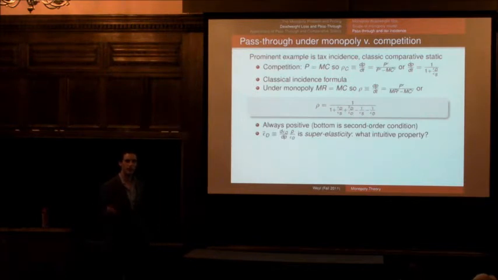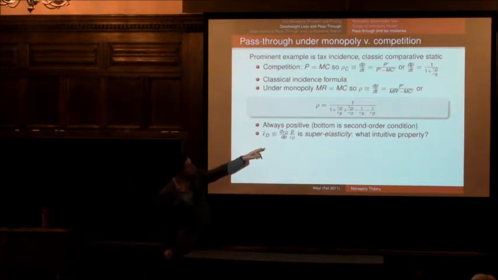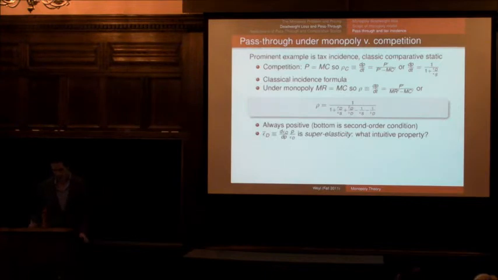By what percent does the elasticity change when the price changes by 1%? Now, this bottom part of this expression always has to be strictly positive if the second order conditions are satisfied. In fact, that bottom is exactly the second order condition for the monopoly. So the pass-through is always going to be positive.